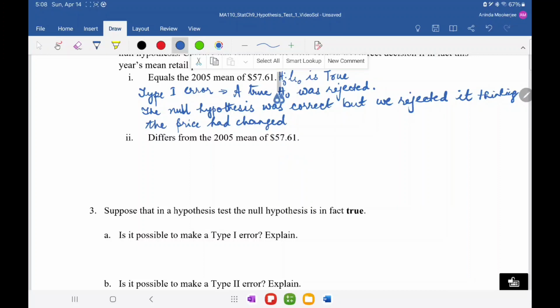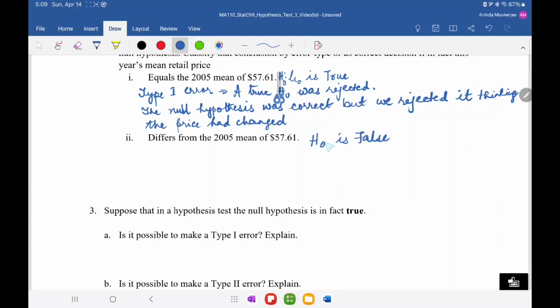It's not true anymore. All right, so that means the null hypothesis, H sub 0, is false. It does not hold true anymore in this year. So when the null hypothesis is false, it can only be a type 2 error, but let's see if there is an error at all or not.